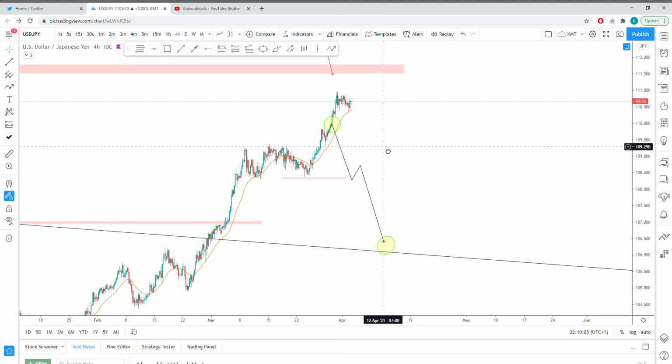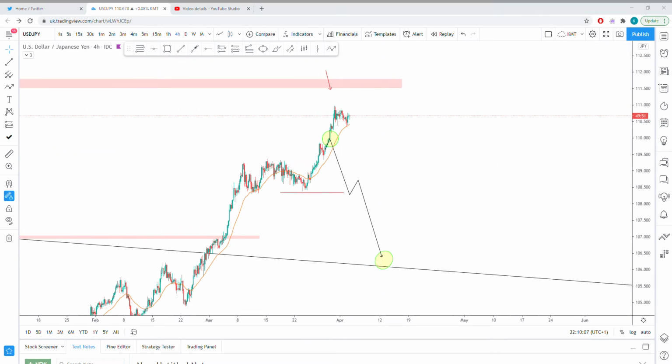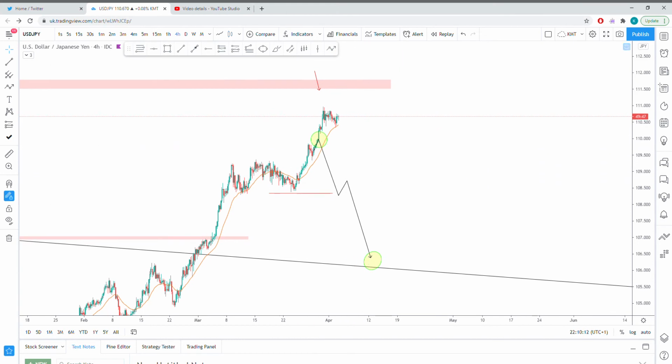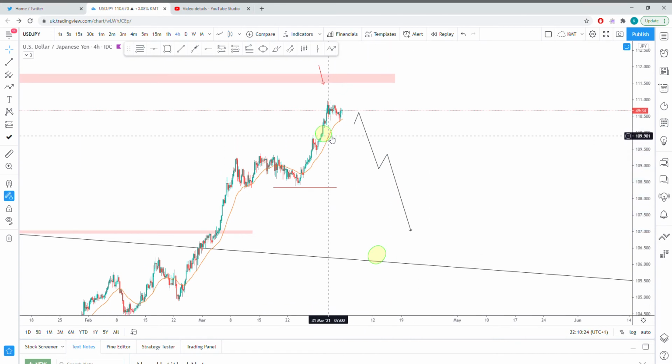So looking at UJ, we can see price is slowly stepping up, and as it is doing so, we can see that it's creating some nice momentum towards the upside. Again, I am still waiting for price to give us some sort of corrective move or some sort of correction in play.